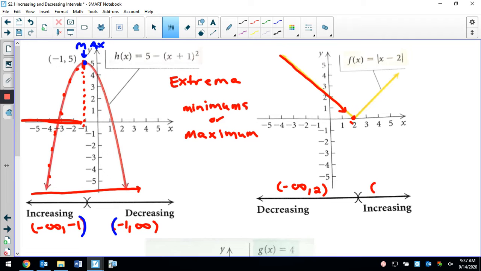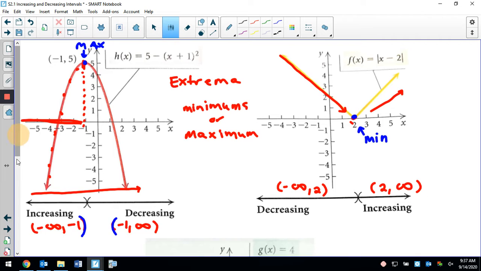And then from +2 to +infinity, it's going to start increasing again. So all we're doing is naming the intervals where it's going up and down on a graph, increasing and decreasing intervals. One thing I didn't mention is this point right here. That is a minimum value for this absolute value function.